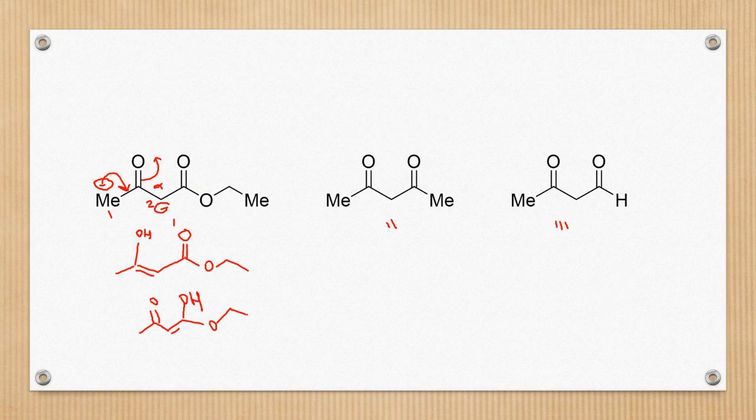Is it understood, guys, this much? Okay, if it is understood, then coming to part 2, how many alpha hydrogens does this compound have?